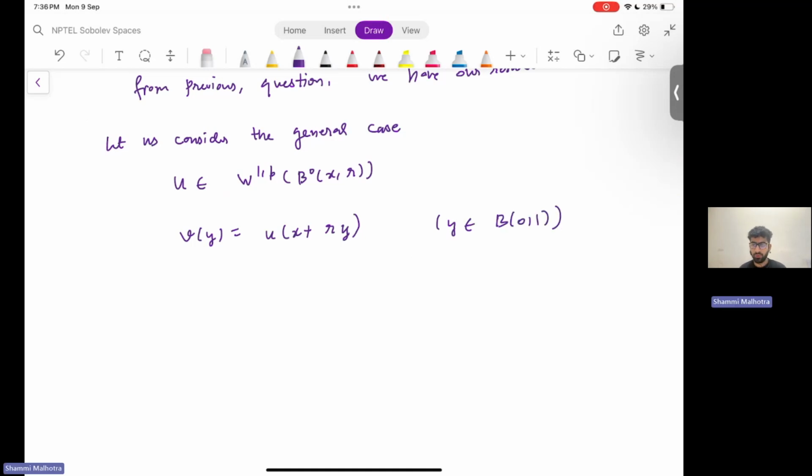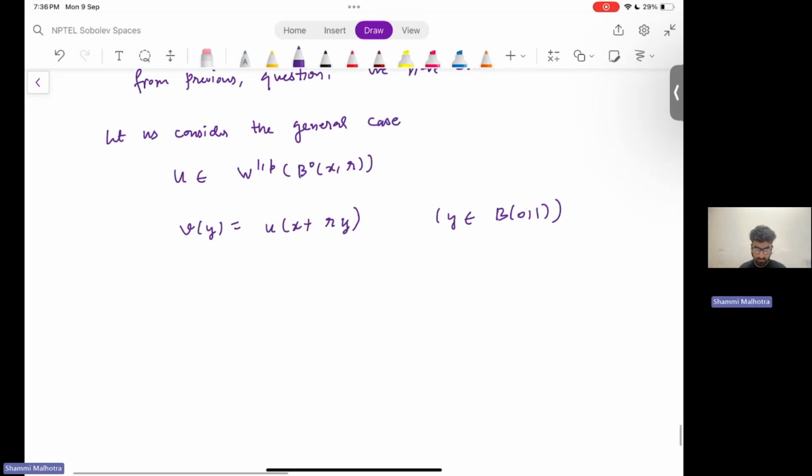So once y belongs to the unit ball, u is in the ball with center x and radius r only.